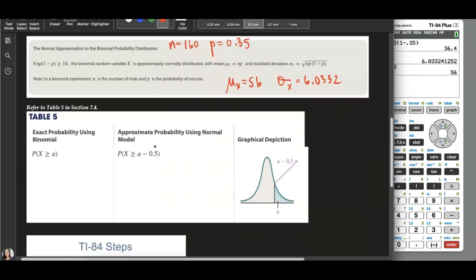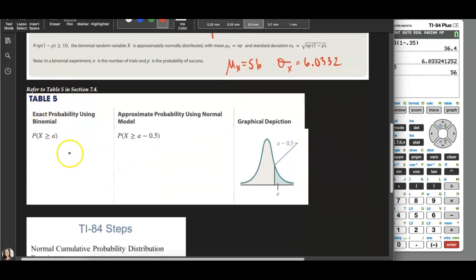So that 72 students would be an exact value, right? If we were doing this as a binomial distribution, this is the way we would write our probability statement: greater than or equal to 72. But because we are approximating it with a normal model, we're actually going to back up 0.5 units. So we will do 71.5 right here instead.